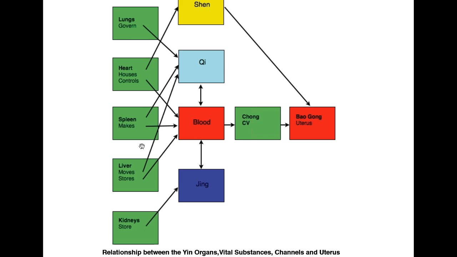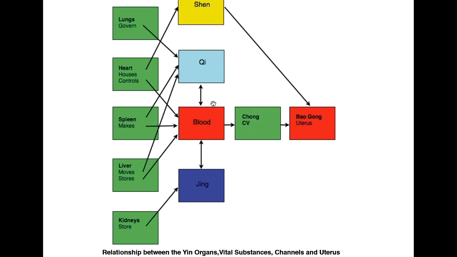Now, when we're treating fertility in both men and women, what we're doing basically is checking these things. These are the vital substances: the Shen, the Qi, the blood, and the Jing. We're treating these vital substances using the meridian system.